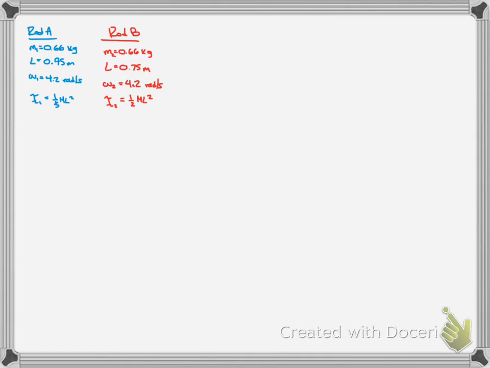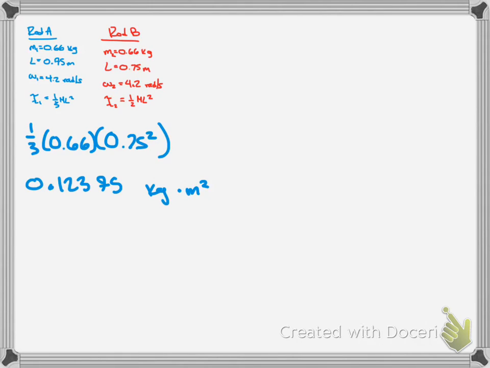So first, let's plug into 1/3 ml squared, which is 1/3 of 0.66 times 0.75 squared, which if you put that in your calculator, you'll get 0.12375 kilograms times meter squared.